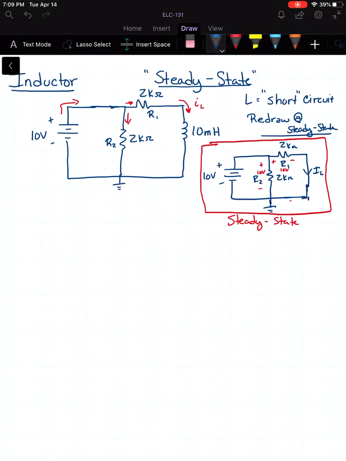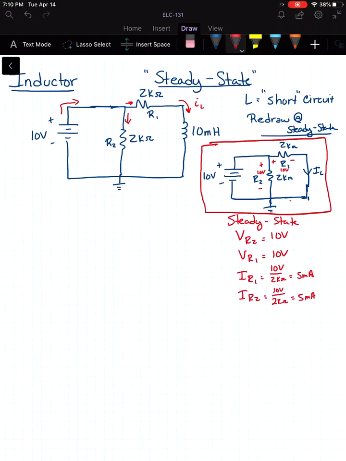So in steady state, we see that VR2 is 10 volts and VR1 is 10 volts. So that tells us that our current through R1 would be 10 volts divided by 2K, or 5 milliamps. Our current through R2 is also 10 volts and also 2K, so that's another 5 milliamps.